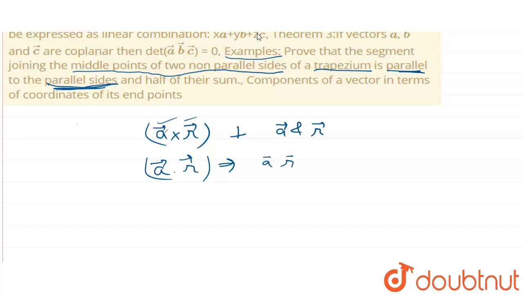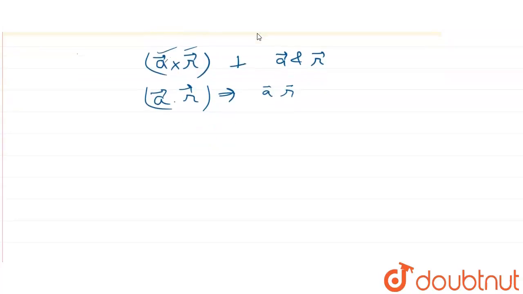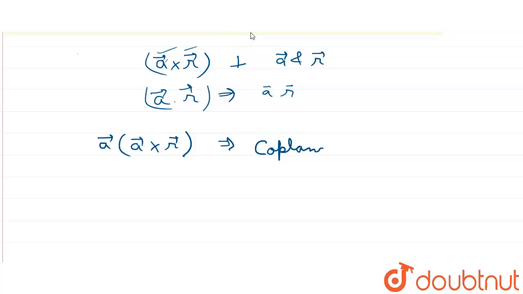Now let's say a vector cross r vector is the vector, and this will be coplanar with a vector.